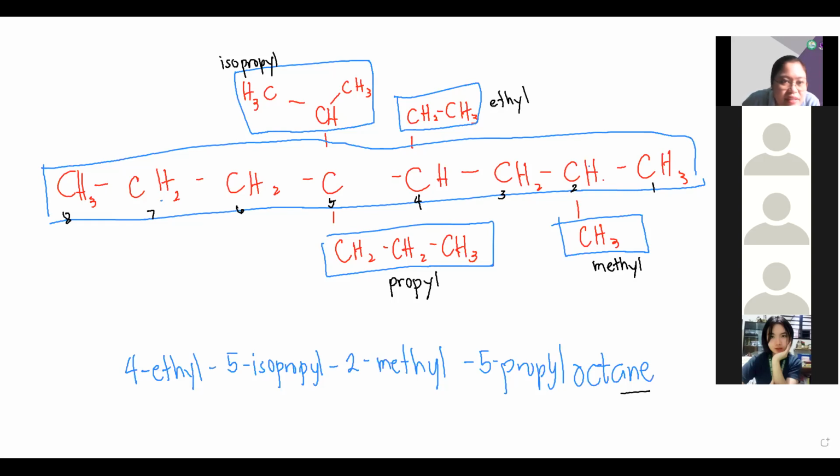I'm confused. I can't understand what was written. Why? Let me backread. 4-ethyl, 5-isopropyl, 2-methyl. Oh yeah, Judel is correct. 2-methyl. Ira also is correct. 4-ethyl, 5-isopropyl. Yal, Daddy also, correct.